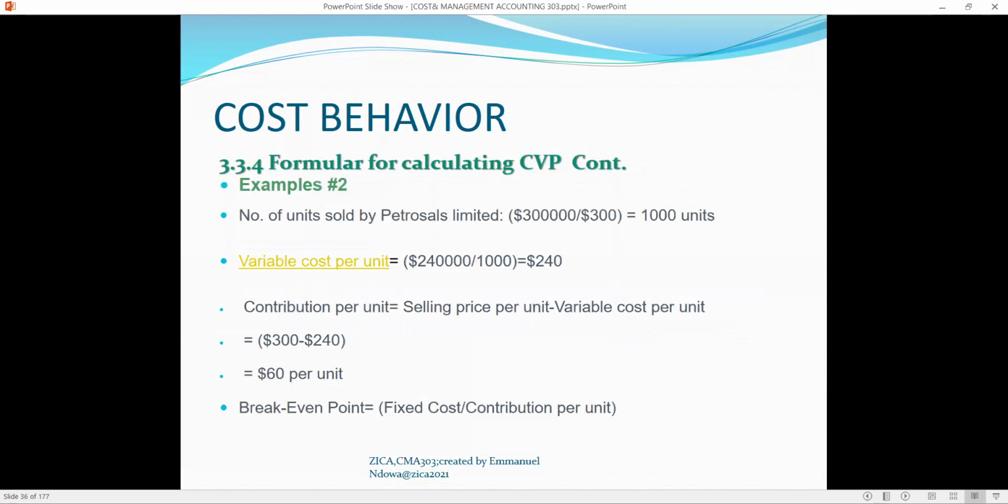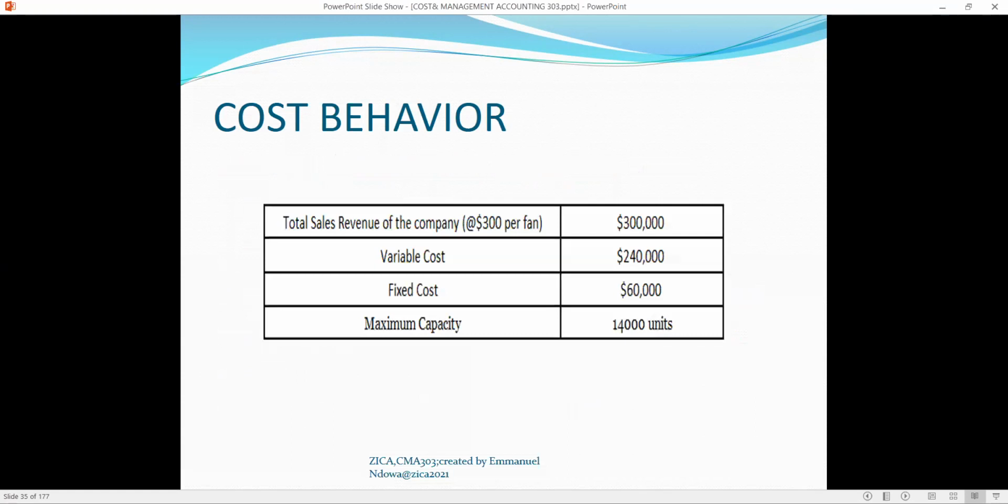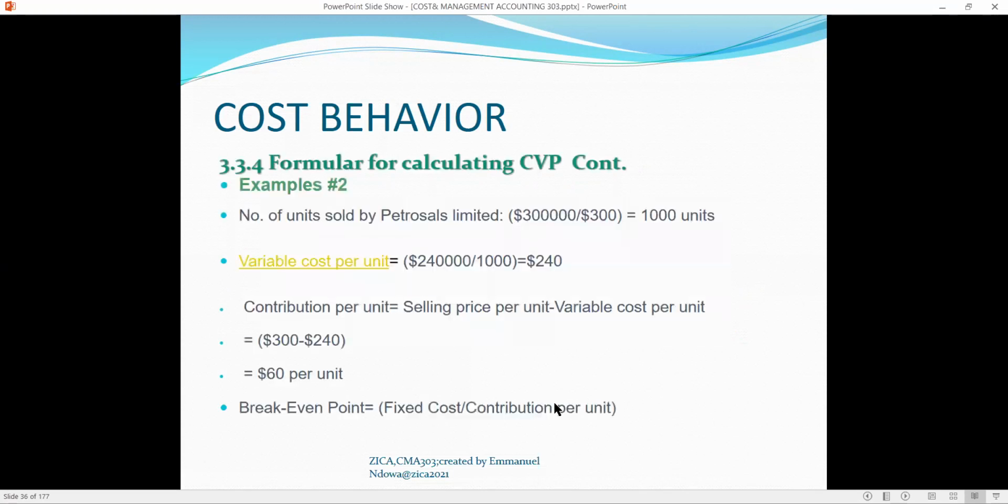So basically what we are saying, Lennon, is we have got total revenue of 300,000. If we say 300,000 divided by 300 per unit, we are then able to come up with the number of units that are going to be sold, which is 1,000, isn't it?